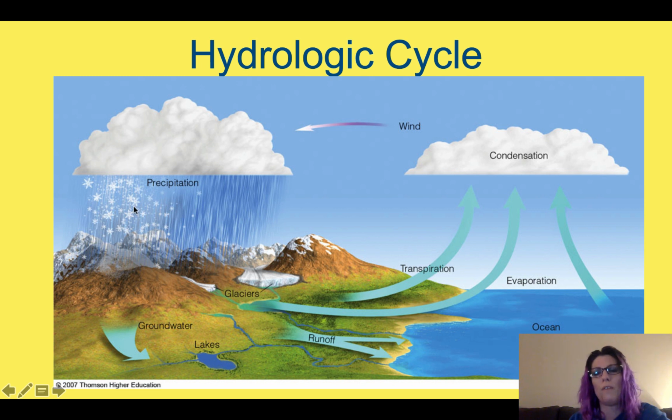So the main parts of the water cycle are going to be precipitation, evaporation, and then condensation. And this cycle just repeatedly goes over and over again, which is great because it's the Earth's natural way of handling water and cleaning the water and doing all sorts of different things.